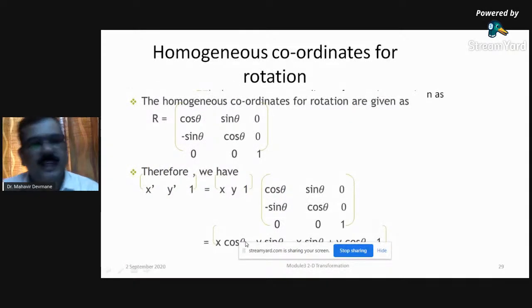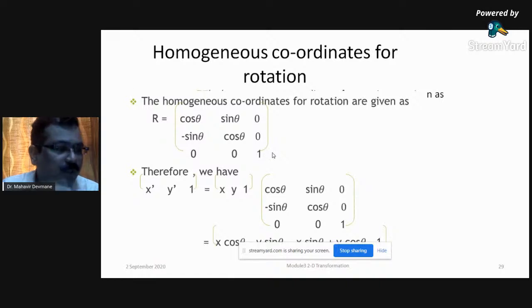Similarly for rotation, we'll get the 3 by 3 matrix, or homogeneous coordinates, for rotation: cos theta, sin theta, 0, then minus sin theta, cos theta, 0, then 0, 0, 1, right? So in this particular format we'll get it. The reason for having this in general is that it helps us perform the matrix multiplications very easily when we have to perform such transformation operations.